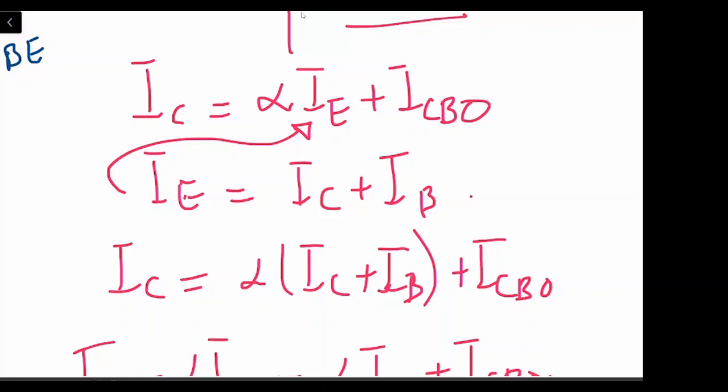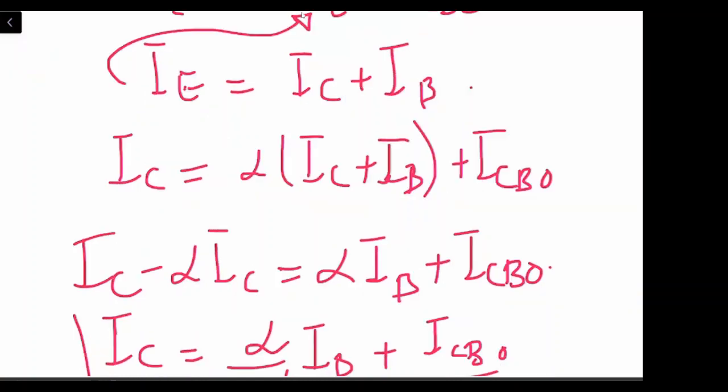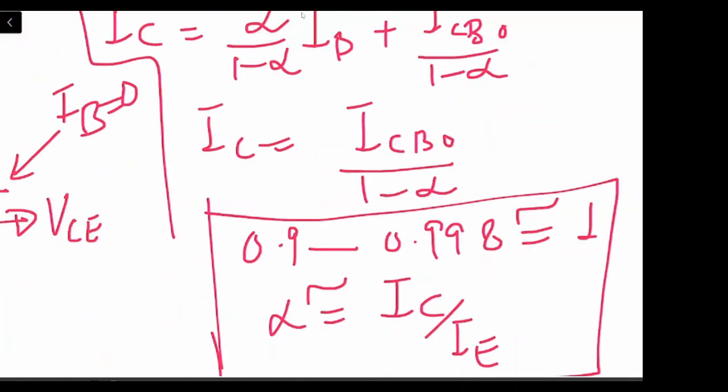As micro is very small compared to milli, we say that IC is almost equal to IE, and so alpha is approximately equal to 1. Normally the range of alpha is from 0.9 to 0.998, so 0.998 can be taken approximately equal to 1, right?